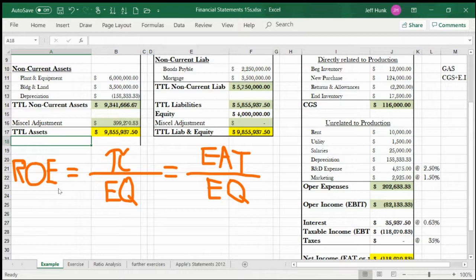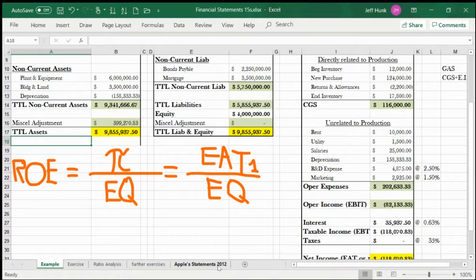If we are at time 0, which is the beginning of this year as well as the end of the last year, and then ROE at time 1, when do we measure profit? First year profit will be measured at the end of the first year. In other words, this EAT is the EAT at the end of year one. Isn't that right?